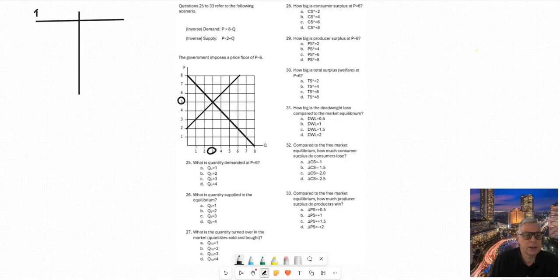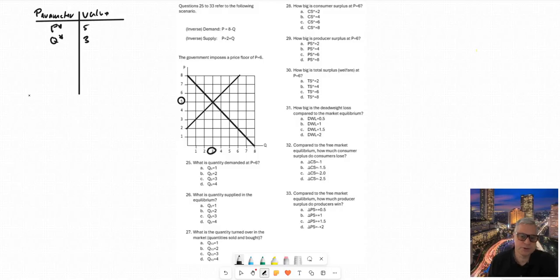The equilibrium price was 5, and the equilibrium quantity was 3.